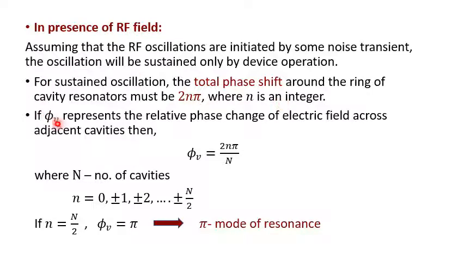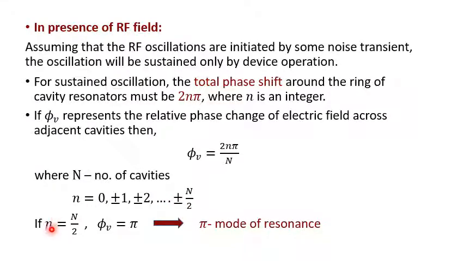If φv represents the relative phase change of the electric field across the adjacent cavities, then φv is equal to 2nπ/N, where capital N represents the total number of cavities. Here small n is an integer, so it can take values 0, ±1, ±2, etc., up to ±N/2.